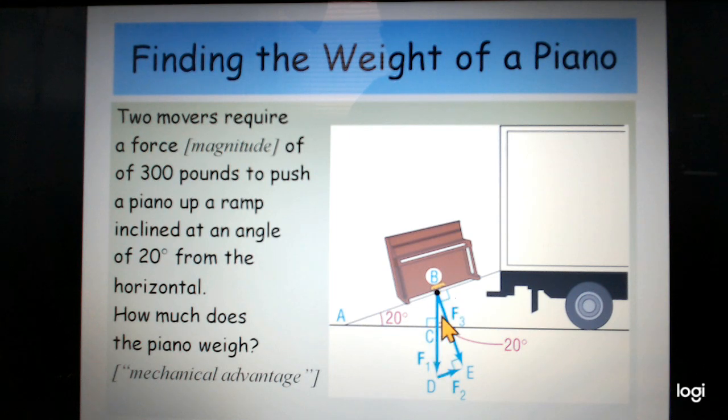So F1 is the force due to gravity, which is the weight of the piano, which is what we're looking for. Okay, F3 is perpendicular to the ramp, and it is the force that the weight of the piano exerts on the ramp. And F2 here, as we can see, is the amount of effort needed to push the piano up the ramp.